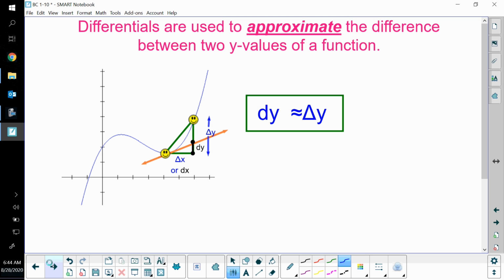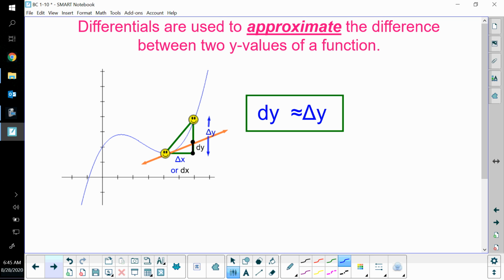If you zoom in close enough at the point of tangency, the tangent line and the curve will look really similar. So, as long as that dx or delta x, they both represent the same thing in this case, is not that big, the slope of the tangent line should be a pretty good approximation of the change of the actual function.